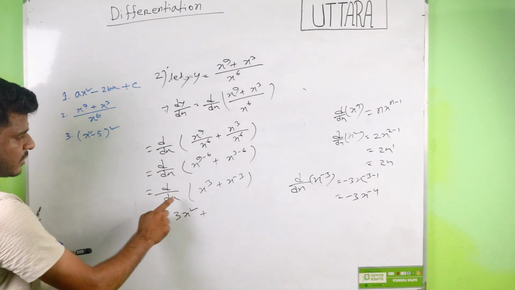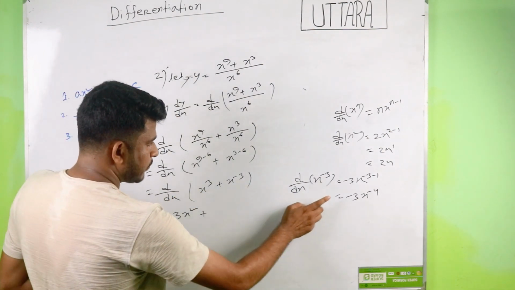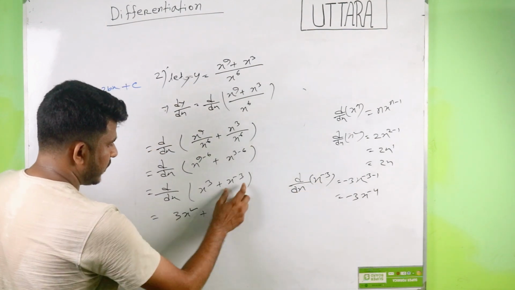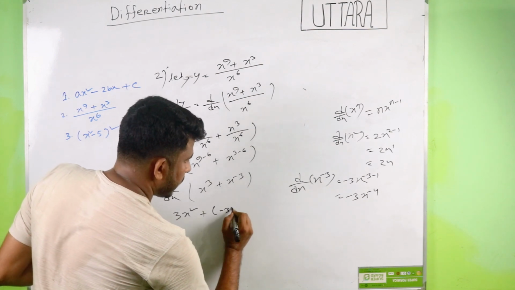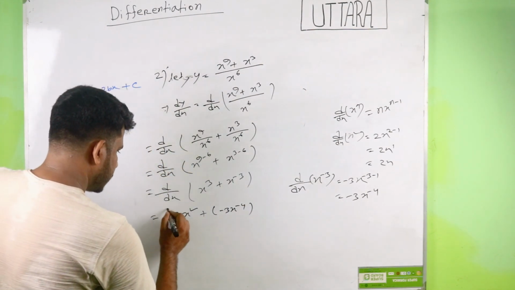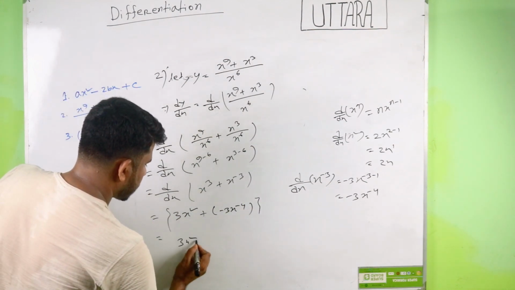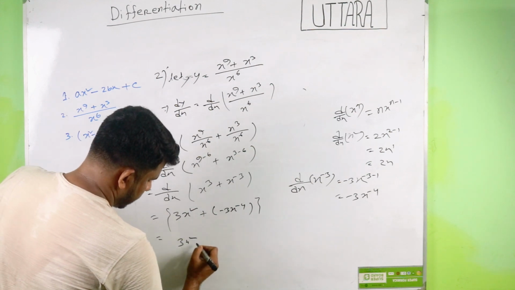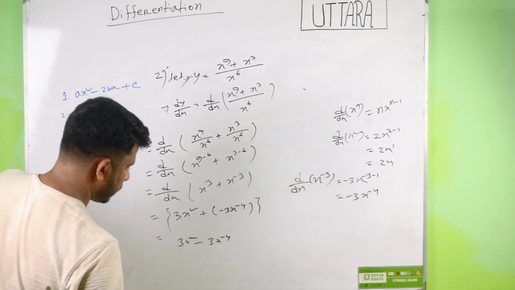So x cube differentiated with respect to x gives 3x square, and x to the power minus 3 differentiated with respect to x gives minus 3 x to the power minus 4. So 3x square plus minus 3 over x to the power 4.